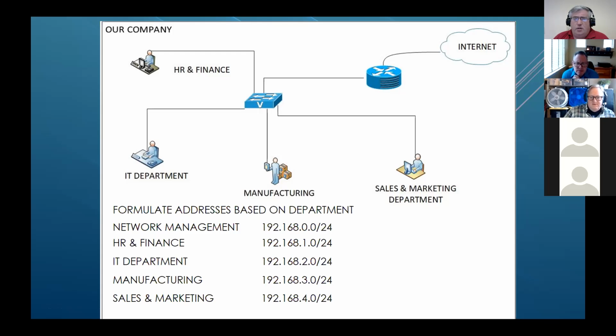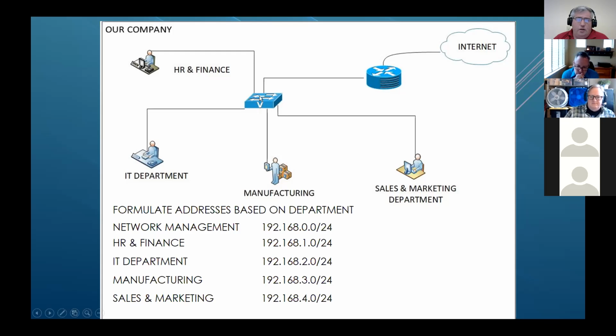I can't remember how many bits, but there are 4,093 different VLAN identifiers that you can use. So, for example, you could make network management VLAN 1, HR and finance VLAN 2, IT department VLAN 3, manufacturing VLAN 4, sales and marketing VLAN 5.